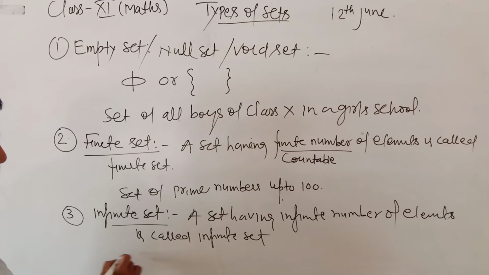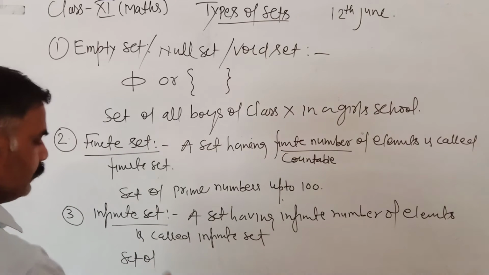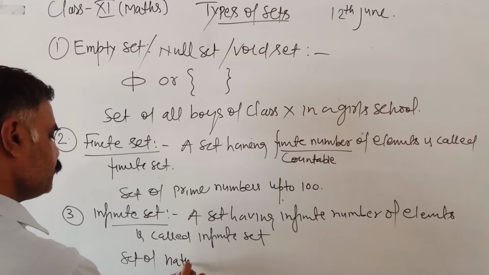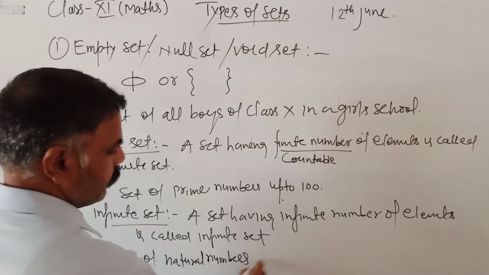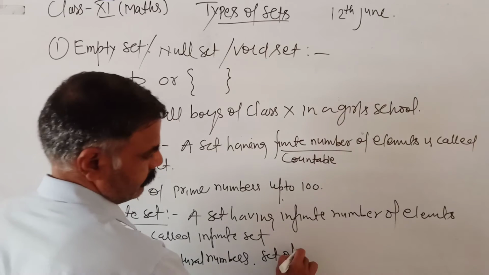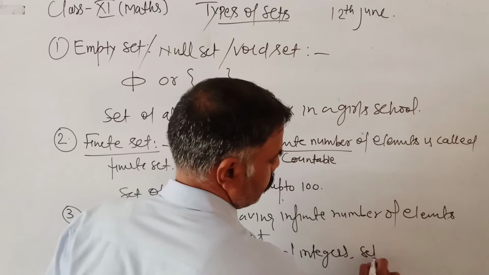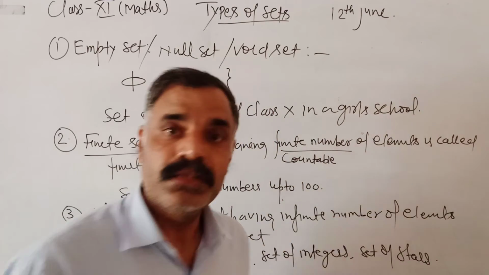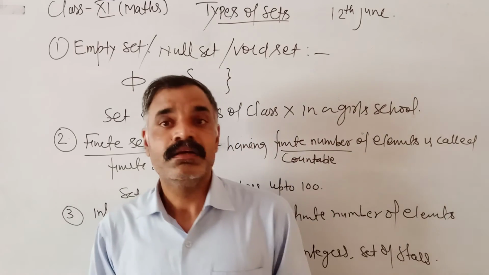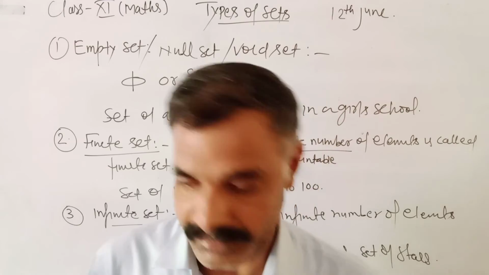An example is the set of natural numbers, the set of integers, the set of stars, etc. There are infinite examples of this infinite set.